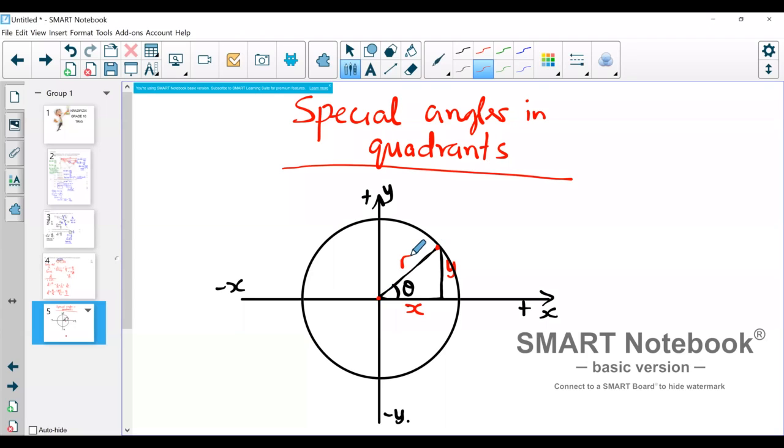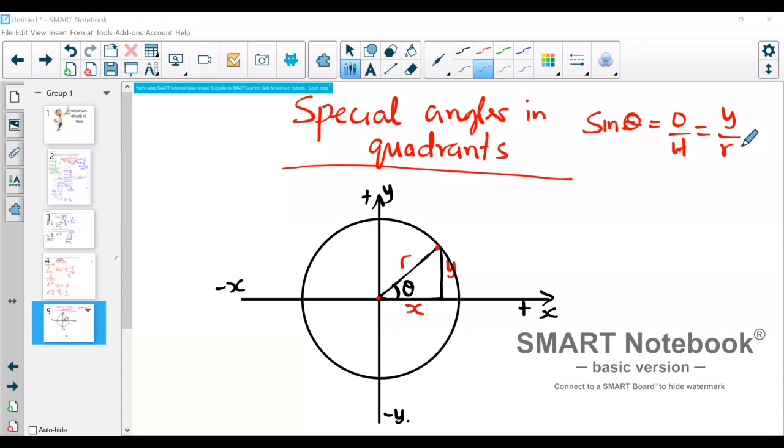Everybody okay? So we have X, we have Y, which is the vertical, and we have the radius. Good. Now, what is sine to you? Sine theta. Sine is opposite over what? Remember, opposite over hypotenuse. And what's the opposite? Y. What is the hypotenuse? R. Everybody okay?